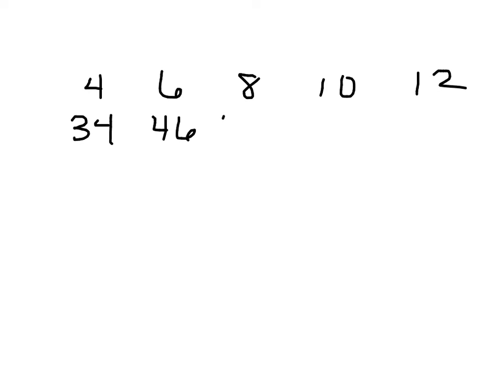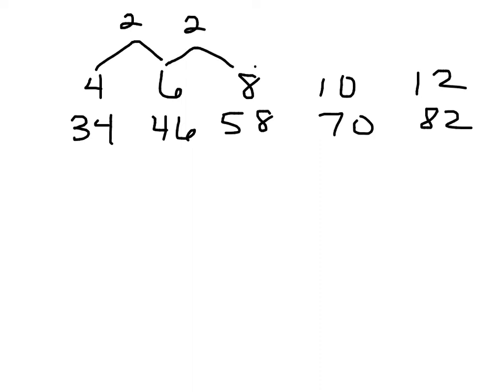So when you have a chart that has 4, 6, 8, 10, 12, and then you have 34, 46, 58, 70, and 82, what I want you to do is help me out and identify how the numbers are going on the top. From 4 to 6, how did I go? I increased it by 2. How about the next one? 2. And the next? 2. And the last? 2. Is that all the same? Yes. Good. How about from 34 to 46?